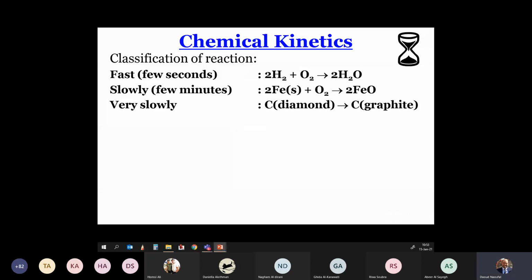In grade 12 in college, you studied the kinetics of reactions, and you did experiments in order to find it. For example, we mix A and B, then after 1 minute, we take a certain amount of the solution and put it in an ice-water bath, or at a very low temperature, in order to stop the reaction.